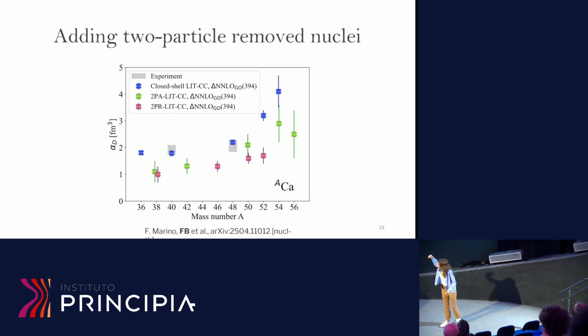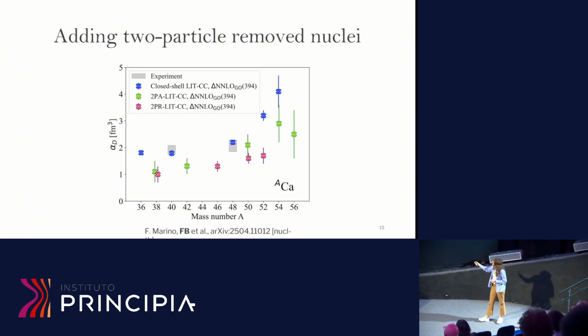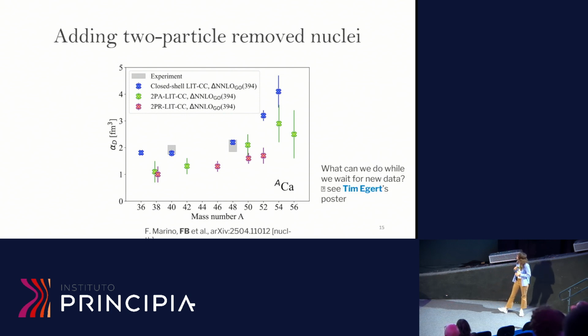But unfortunately, we see that the many-body effects are still quite important also in the case of two-particle removed nuclei. One thing that would be really nice to have is experimental data, especially on the neutron-rich side of this plot. To see what we can do right now to produce synthetic data while we wait for the actual experimental data, I just point you to Tim Eggert's poster.